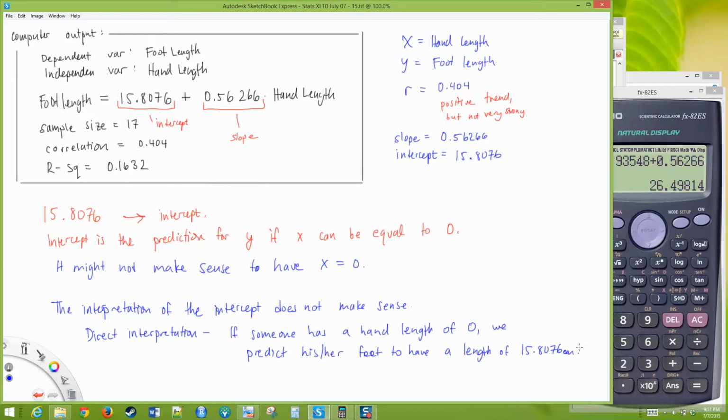Okay? And it doesn't make sense to use this information to make a prediction.